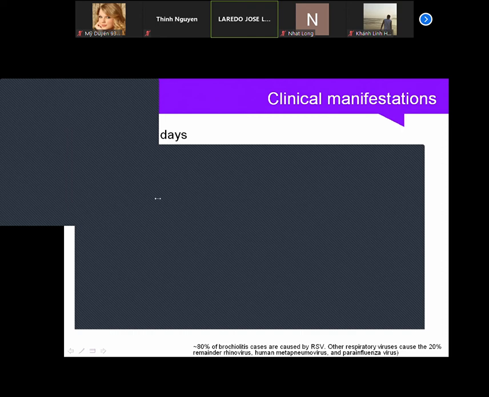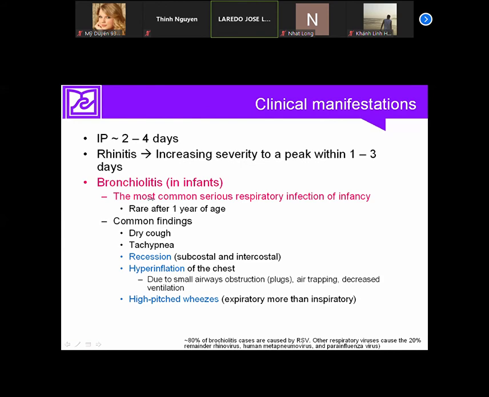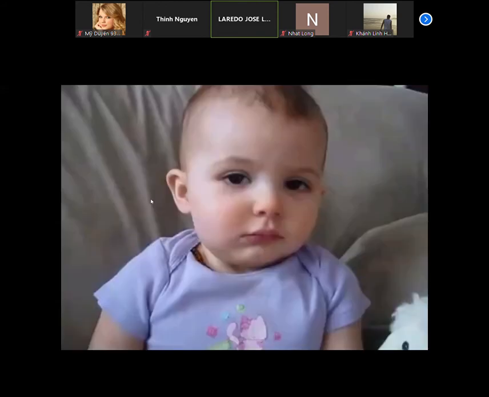You have to check the recession of the chest, the suprasternal recession. So look, I hope you can see it. Wait a moment. Can you see the video? Yes. The baby? Yes? Okay. So look, this is a case of severe bronchiolitis.